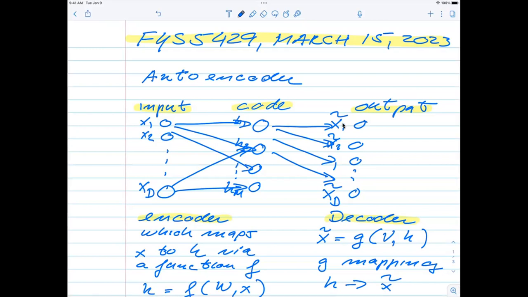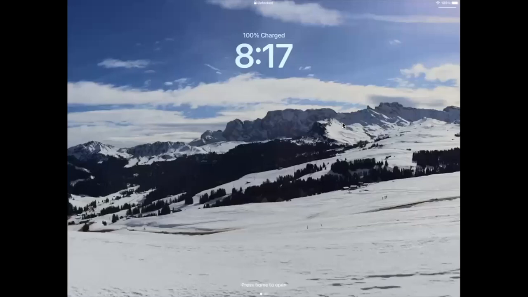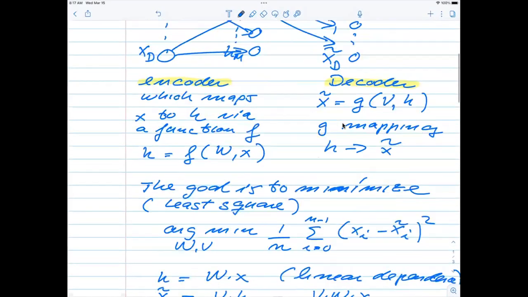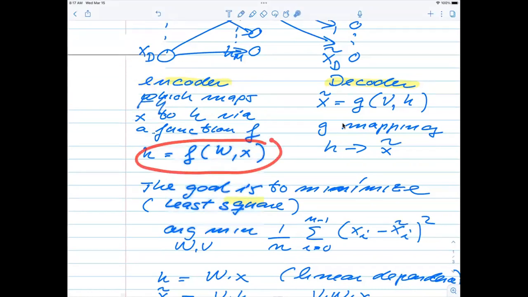So this specific function, let me just highlight that one, the hope is that this operation, where we reduce the input information to the code part, will result in h taking on some useful properties.